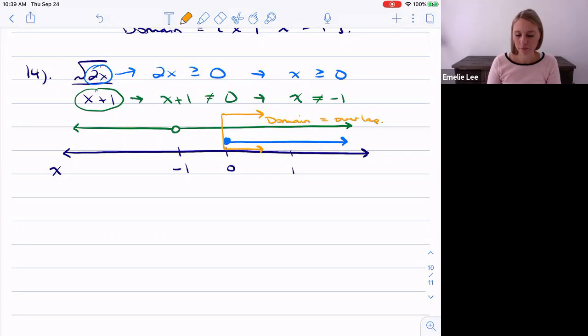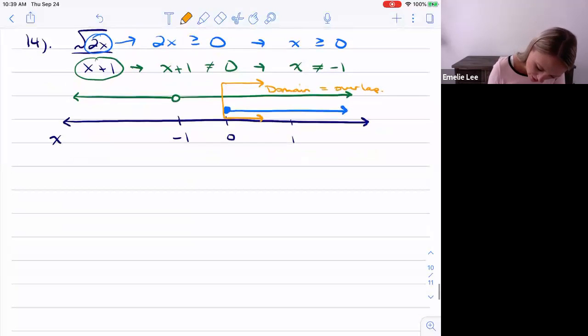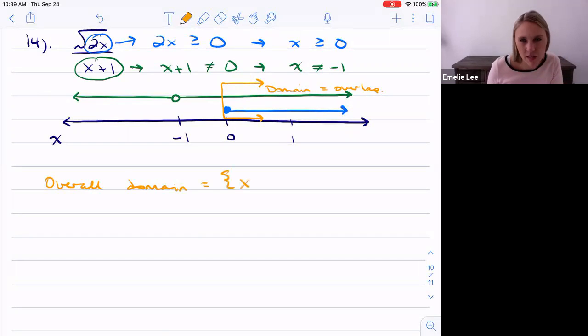What that means is that the overall domain is the set of x's such that x is greater than or equal to 0.